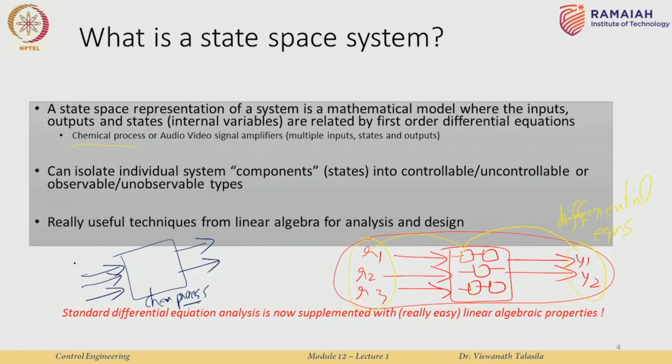So, now what could be the inputs? One input could be the volume of the steam which is coming in from the boilers, right. The other input could be the pressure which the compressors in the chemical process plant are applying to the particular liquid which is inside the chemical process.